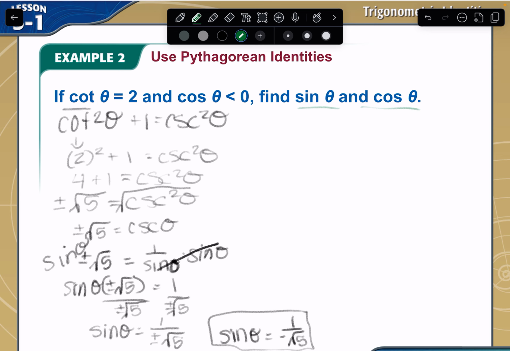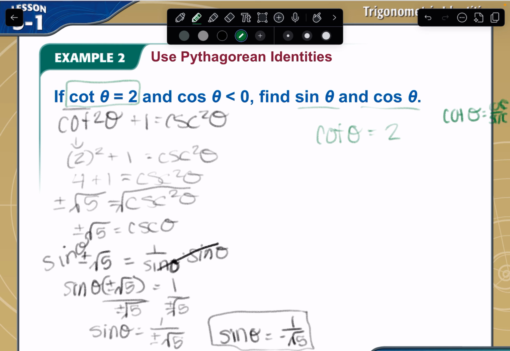Looking back to the original problem, I was just given that cotangent is equal to 2. So I'm going to use that to set up the second part of my problem. Cotangent is one of your quotient identities. Cotangent is specifically cosine over sine.